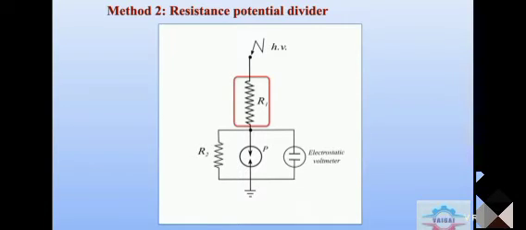The high voltage magnitude is given by V equal to R1 plus R2 divided by R2 into V2, where V2 is the DC voltage across the low voltage arm R2.